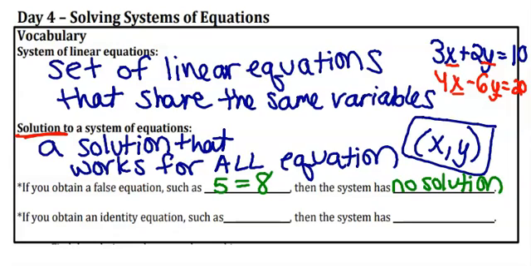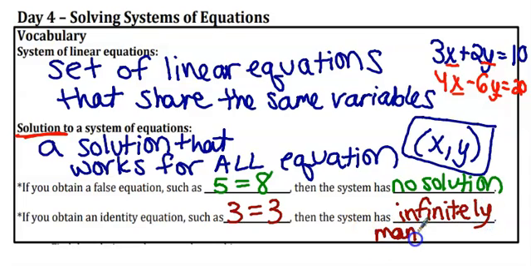If you obtain an identity equation, meaning it's the exact same thing on both sides, but again the variables disappear, then the system has infinitely many solutions, also known as IMS. We don't want to say all real numbers because that's actually not the case. We want to say infinitely many solutions.